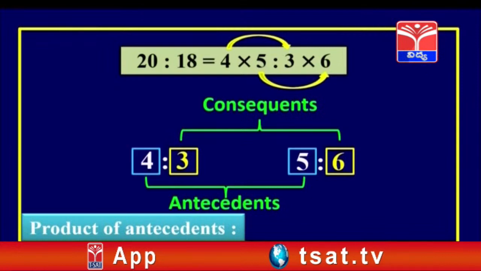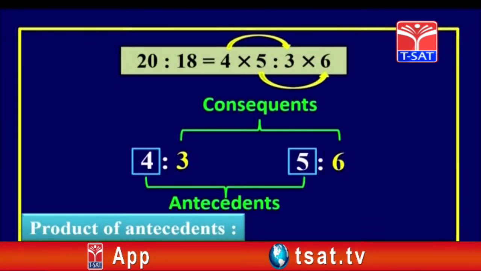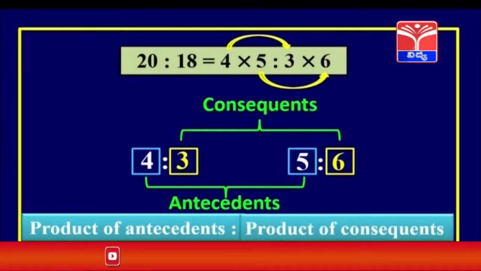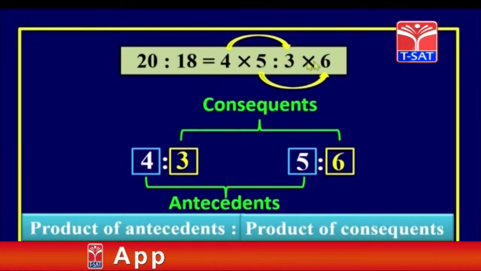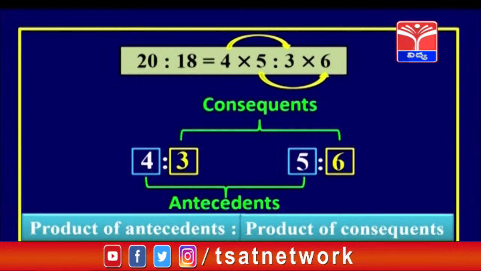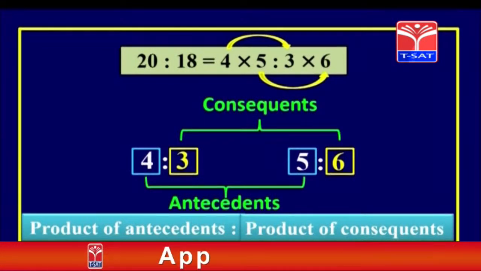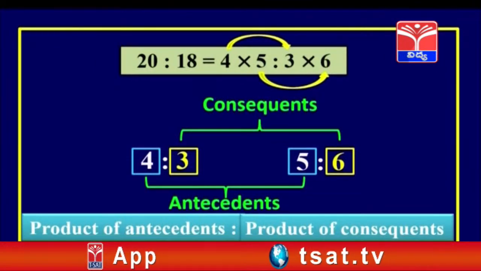So we have multiplied antecedents, 4 into 5, and here we are multiplying 3 and 6, which are consequents. So always when we are finding the compound ratio of two ratios, we write product of antecedents is to product of consequents. This is how we find out the compound ratio of two ratios.